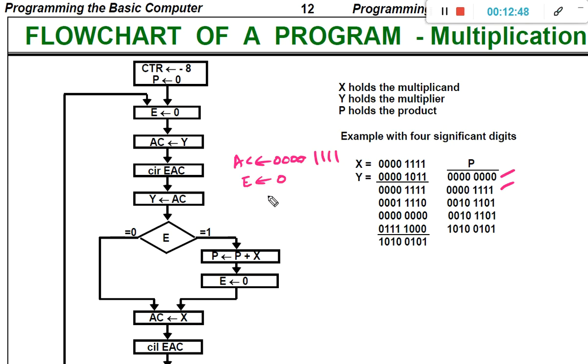Now perform the circular left operation on EAC. The E value is 0, the AC value is 0 0 0 0 1 1 1 1. We have already discussed how circular left is performed. This 0 will come to here, this 0 will come to here, 0 0 0 0 1 1 1 1.